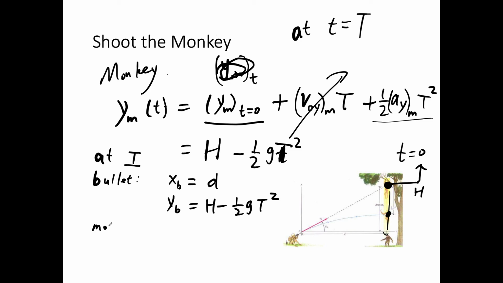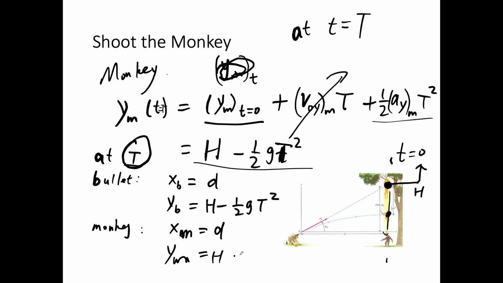And for the monkey, at time t, the x coordinate of the monkey is d. The x coordinate of the monkey is always d, right? Okay, what's the y position of the monkey? We calculate at time t: h subtract 1/2 g t squared.